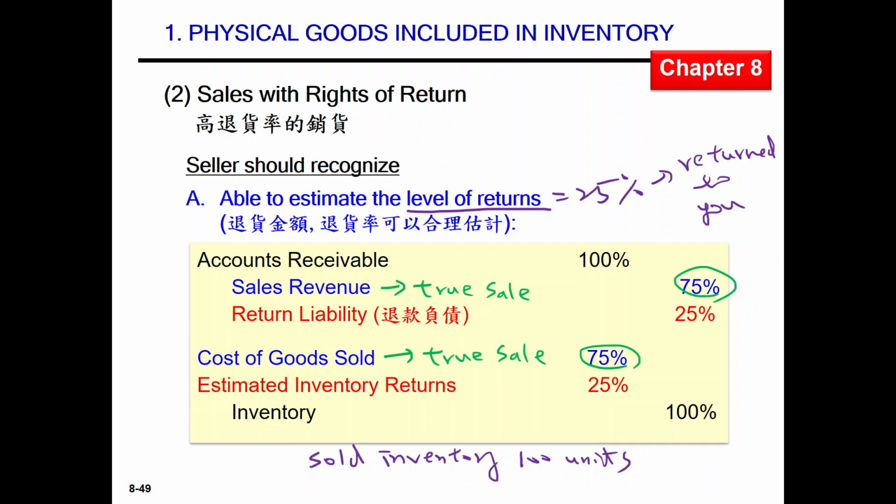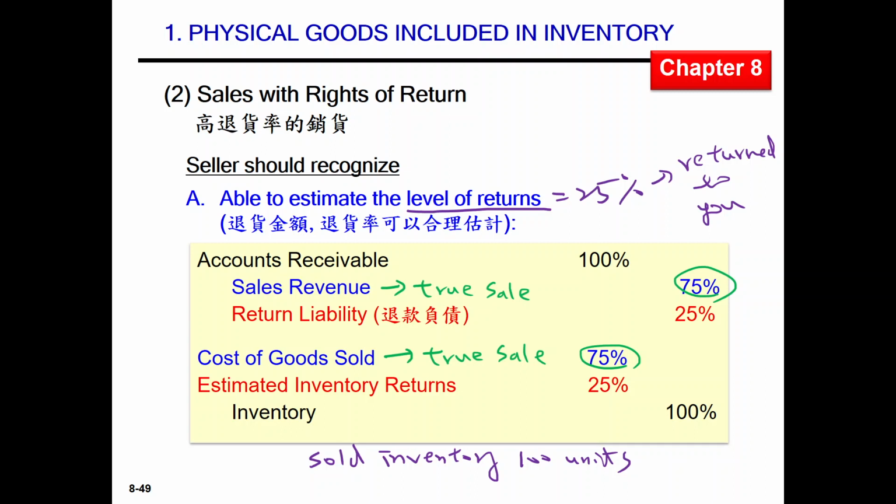I sold 100 units to customers, even though I expect 25 units will return back to me in the future. But right now, at this moment, how many units did you give to customers? 100, right?